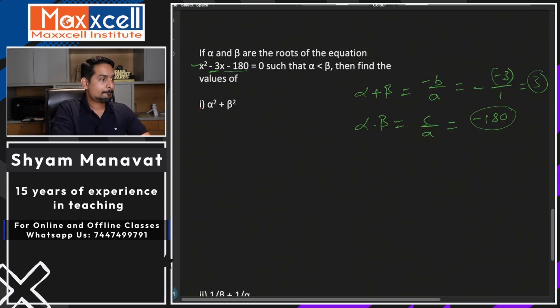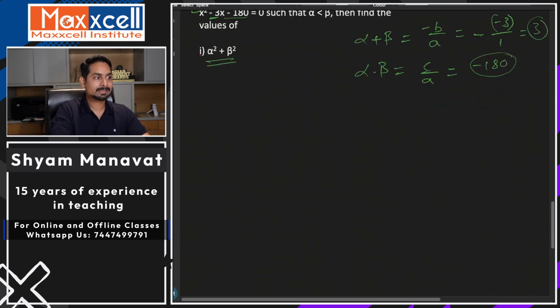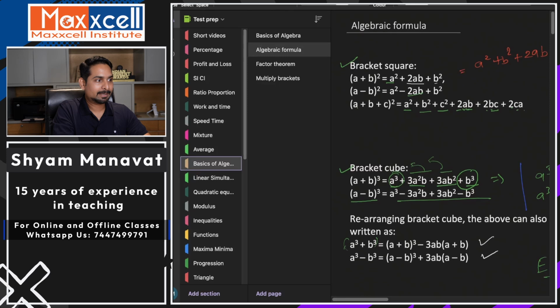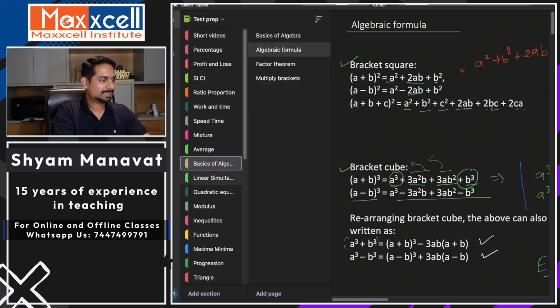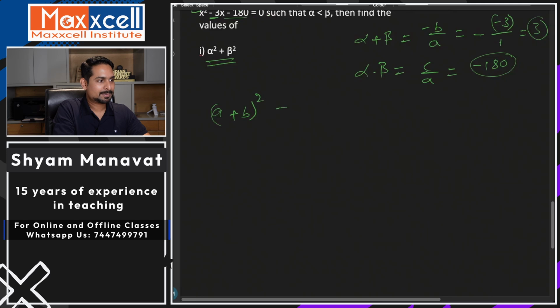Now see, if that's the case, then how do you express alpha square plus beta square in form of alpha plus beta and alpha into beta? Do you know a formula? A plus b whole square. We have done this in basics of algebra, algebraic formula. What is that? Tell me. A square plus 2ab plus b square.